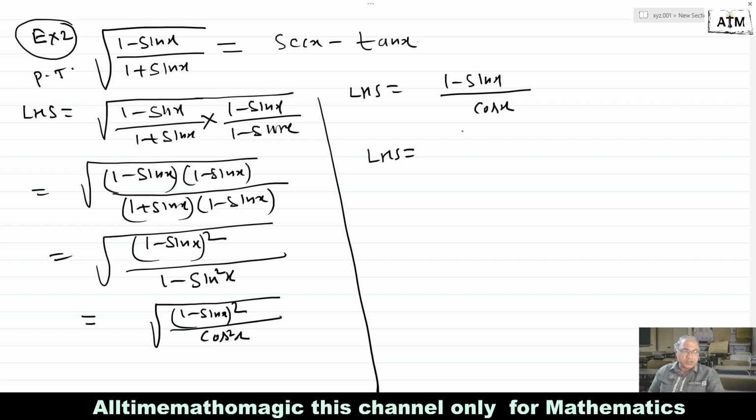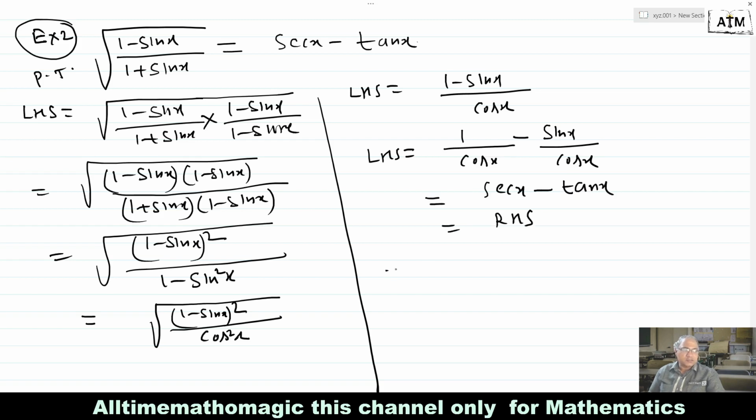Now splitting into fractions, that equals 1 upon cos x minus sin x upon cos x. 1 upon cos x is nothing but sec x, sin x upon cos x is nothing but tan x, that equals RHS. Therefore LHS equals RHS, proved.